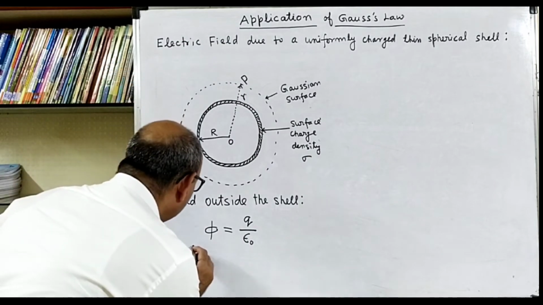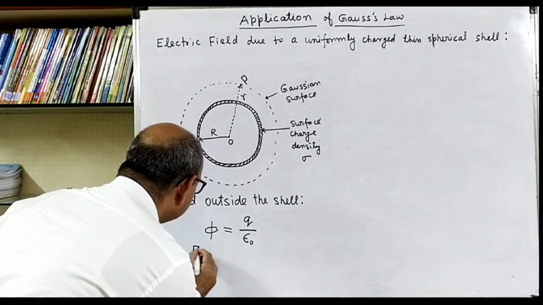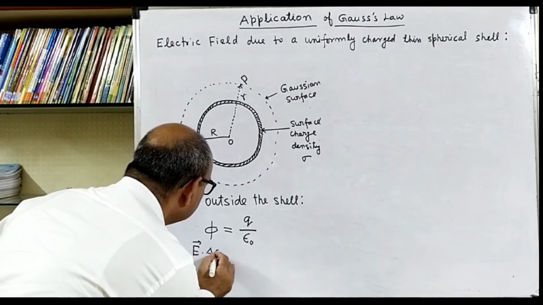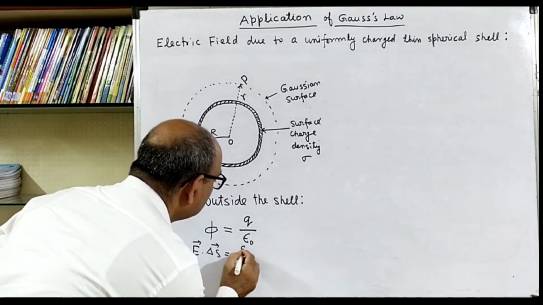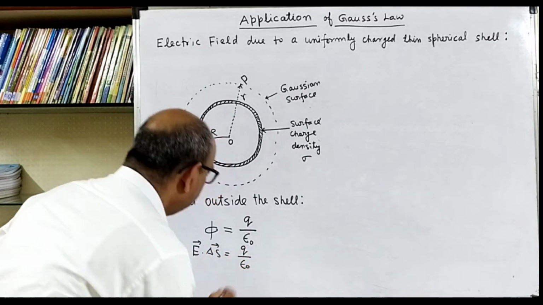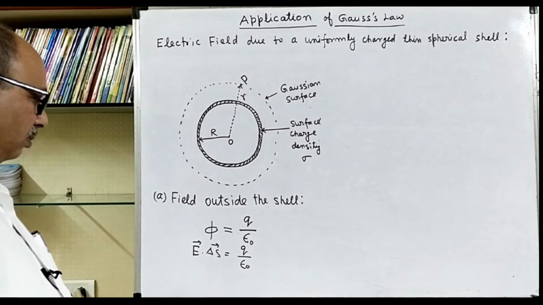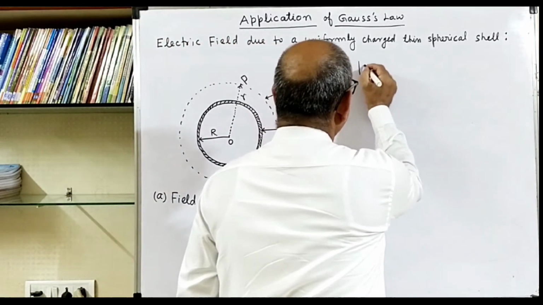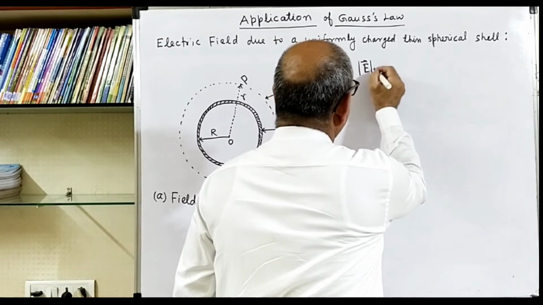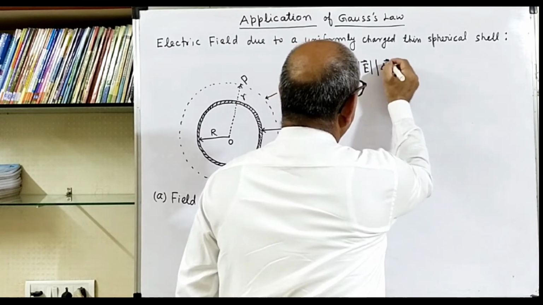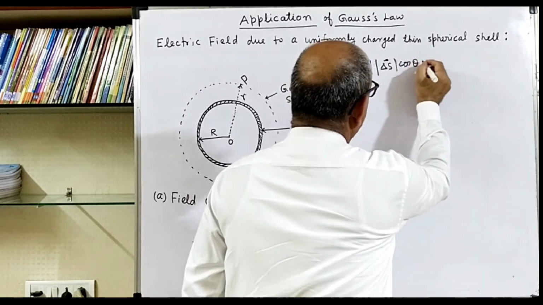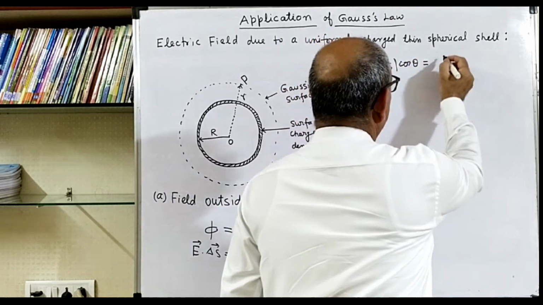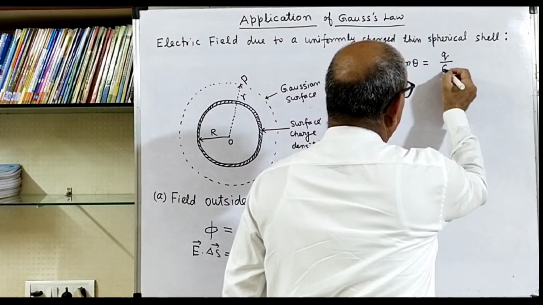Phi equal to E dot delta S is equal to Q upon epsilon naught. E dot delta S is basically magnitude of E, magnitude of delta S into cos theta, which is equal to Q upon epsilon naught.